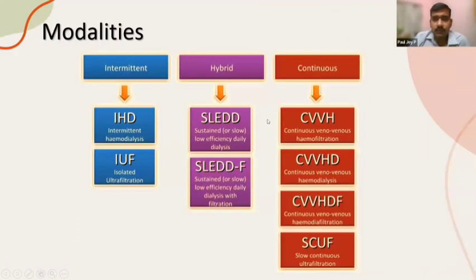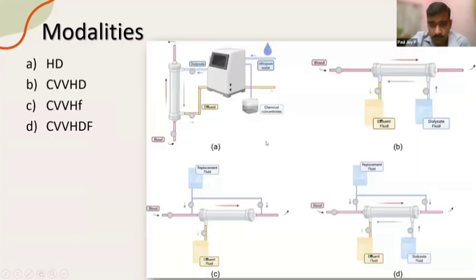So modalities of renal replacement therapy can be intermittent, continuous, or hybrid. In this talk, the continuous therapies are continuous veno-venous hemofiltration, continuous veno-venous hemodialysis, hemodiafiltration, and slow continuous ultrafiltration. In this talk, I'll be focusing mainly on CVVHDF.